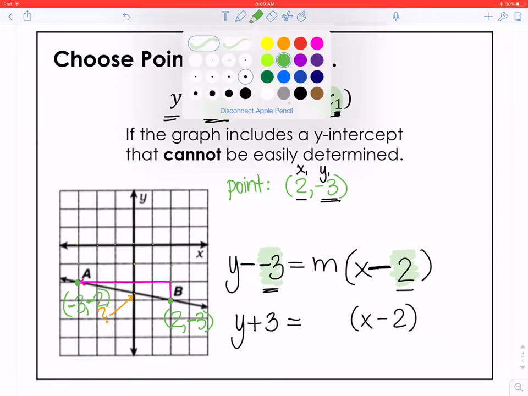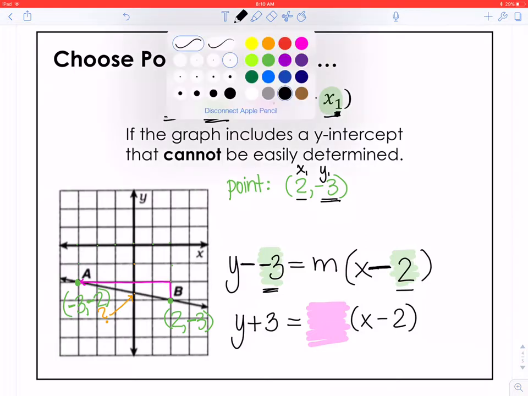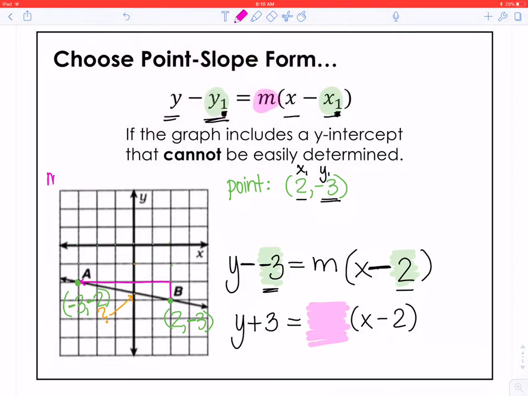Okay, so then let's look for our slope. M is our slope, and so that's what we need to drop in front of our x parenthesis set. So back to our graph, we've got to make our slope ratio, and we know that's going to be change in y over change of x.